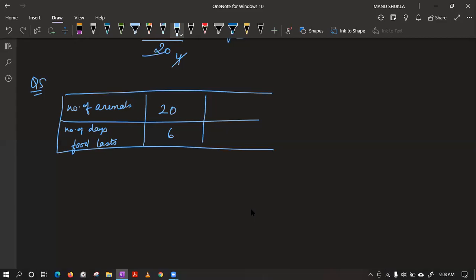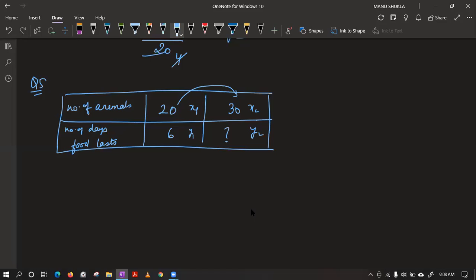Then he's asking how long would the food last if there were 10 more animals. Earlier there were 20. If there are 10 more, that means 30, so what will happen to the number of days? Let us take this as x1, y1, x2, and y2.